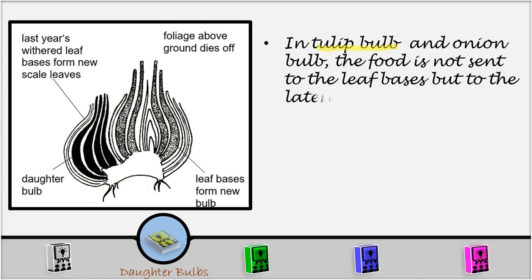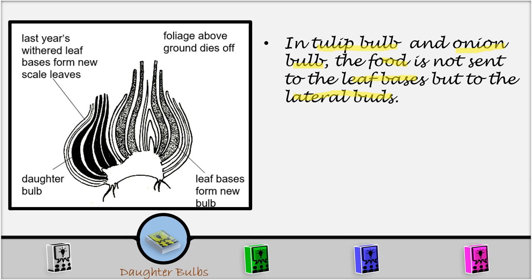In tulip bulb and onion bulb, food is not sent to the leaf base, but to the lateral buds. Now that one is in the tulip and the onion.